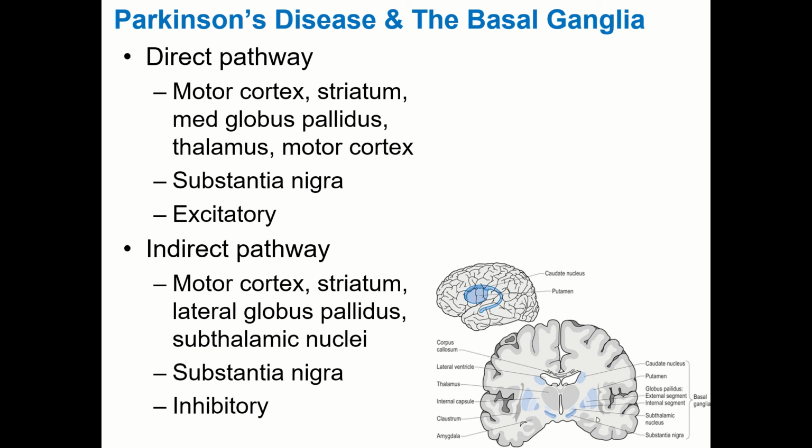So the effect is then that in somebody who has Parkinson's disease, one of the things that dopamine does is facilitate the excitatory pathway, the direct pathway, making it easier to move, and it inhibits the inhibitory pathway. So dopamine acts as both an excitatory and inhibitory neurotransmitter, depending on the pathway that we're talking about.